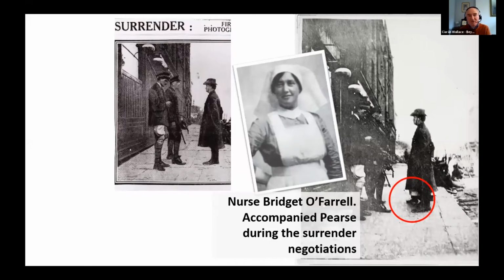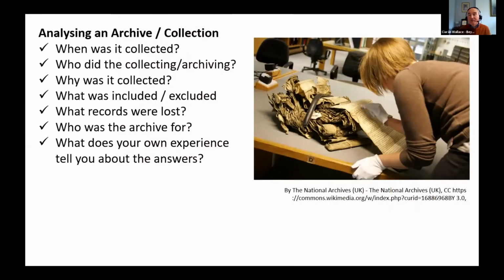Now, this is a famous story about 1916 in Ireland, so I'm not discovering anything new here, but it shows that the historian can sit and look at these documents and can say, right, I can analyze them, I know what's going on. In a similar way, you can analyze a collection or an archive.